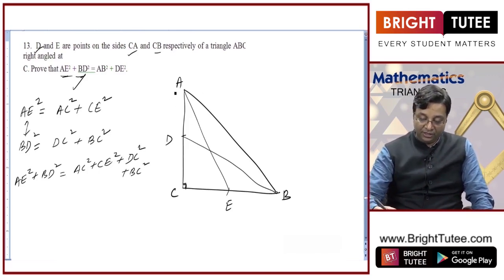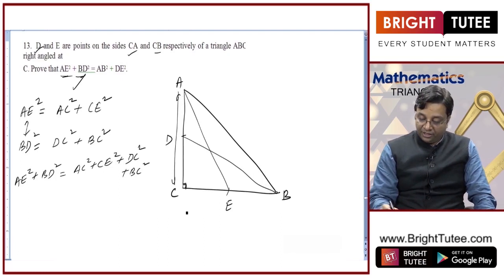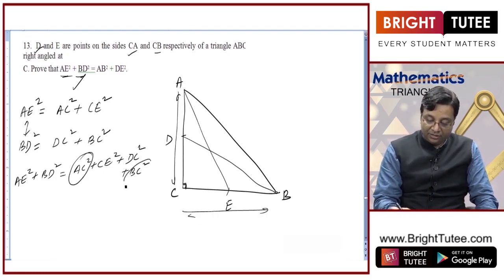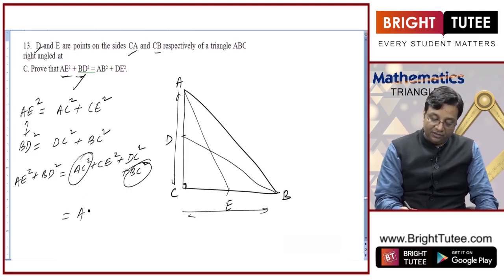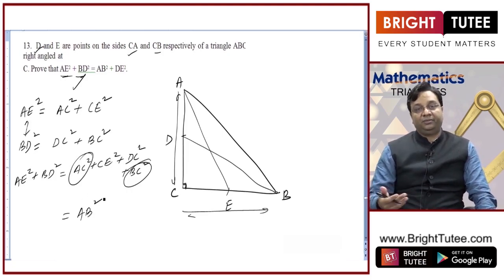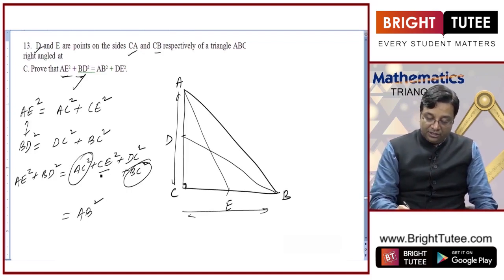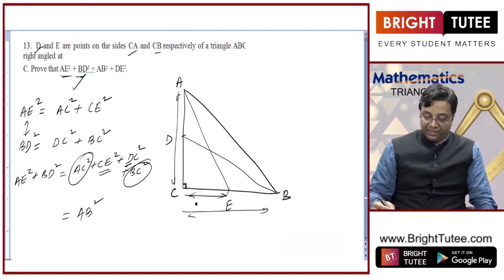But I require AB square here. What is AB square? AB square is nothing but AC square plus BC square. So do I have that? Yes, AC square plus BC square. So it is equal to AB square. Again, by Pythagoras theorem, you can mention the triangle which you are referring to. Now CE square plus DC square. What is CE? Here is CE, and where is DC square?